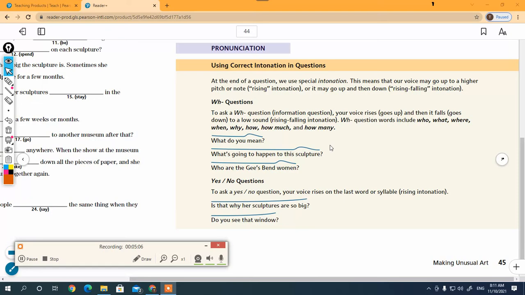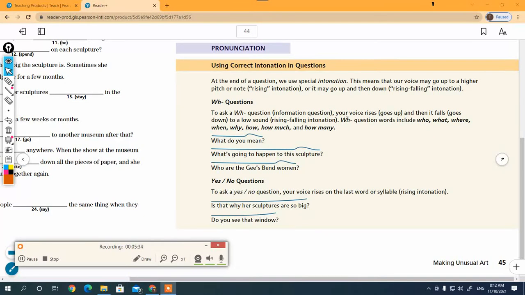Okay, students, here on page 45, there's a very interesting lesson where we learn that there's different intonation for different types of questions. So, exactly what are we talking about here? Well, we have questions that we call WH questions.